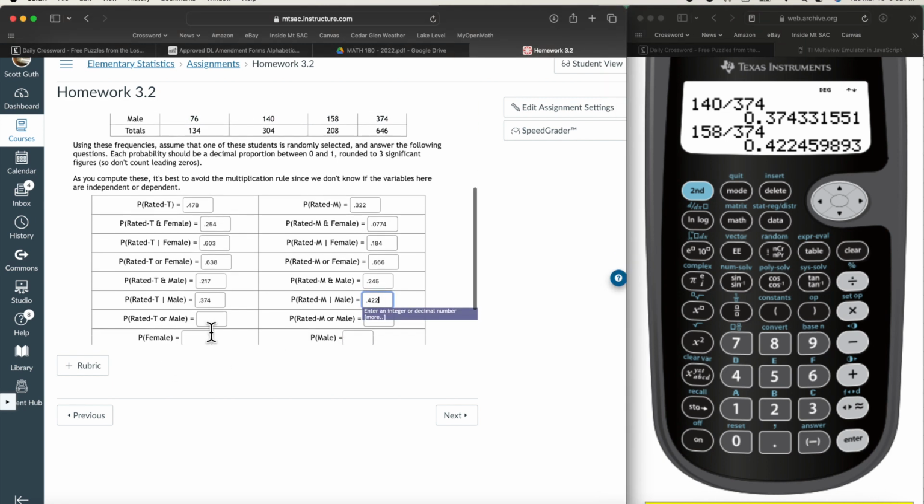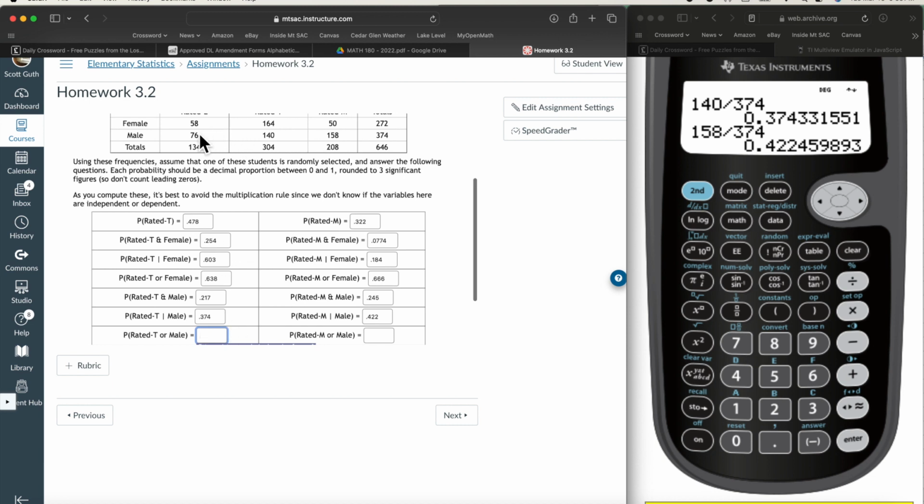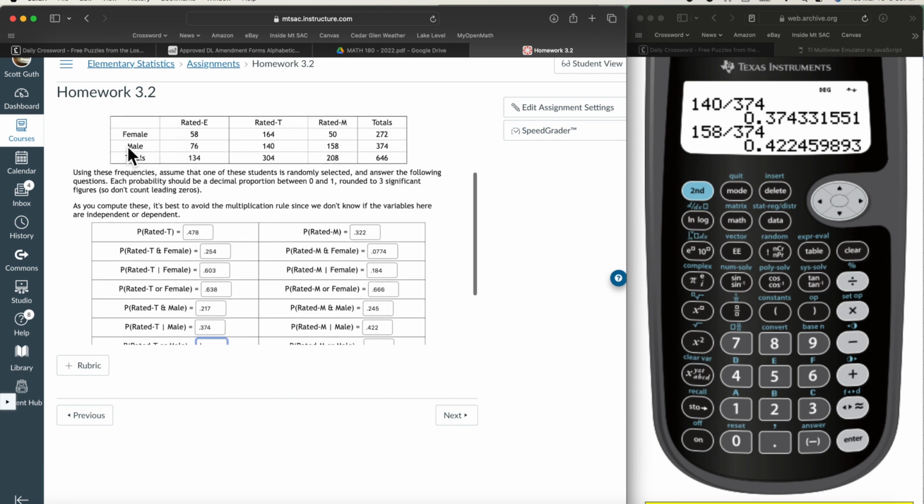Okay, now this is, I hate the or problems, but here they come. Rated T or male. Okay, so looking at the males, that's 374 people, but then you also want to count the females, 164 of them that are in the rated T because we have an or on this.